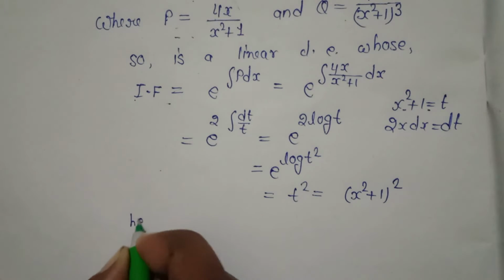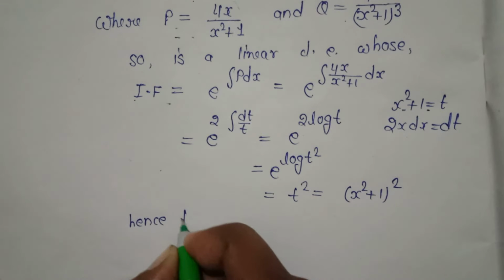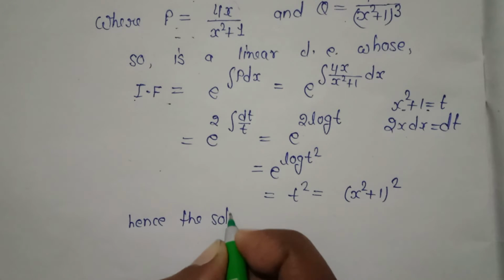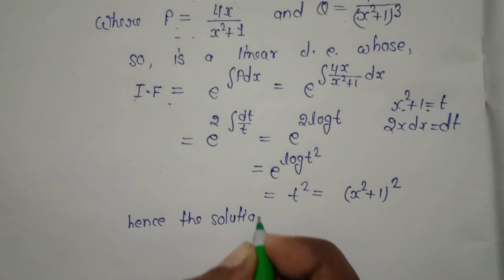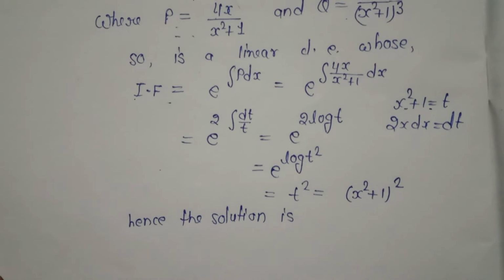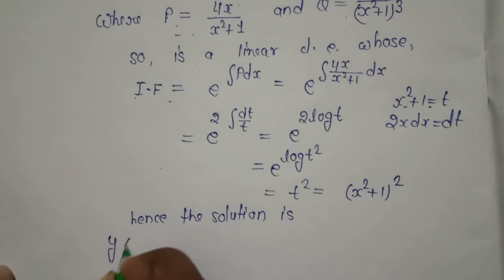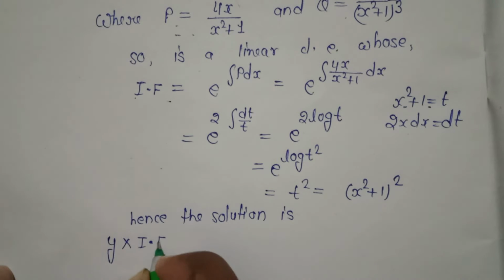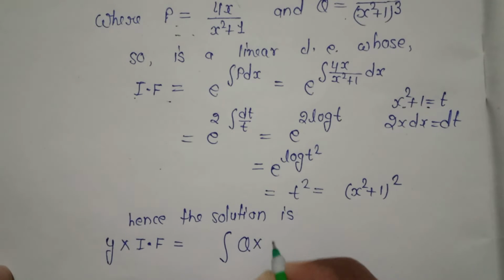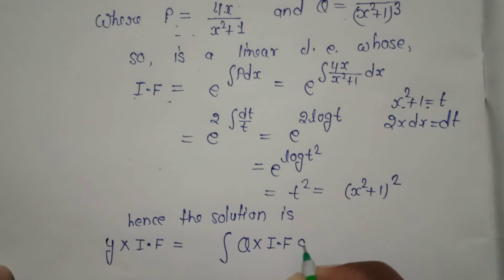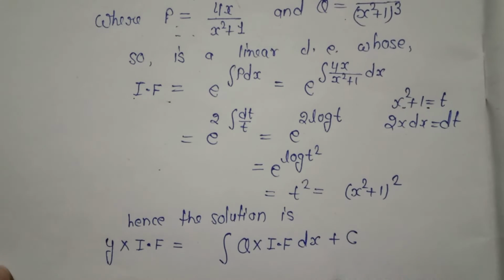So what was the formula for the solution? Hence the solution is: what was the dependent variable in this case? That is y. y into integrating factor is equal to integral of q into integrating factor dx plus c.